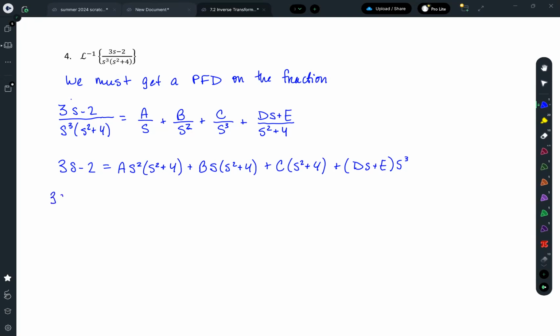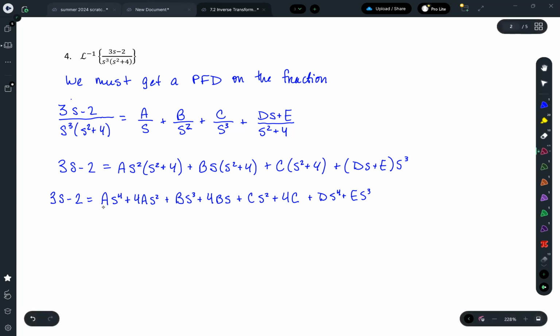So 3s minus 2 is equal to as to the fourth plus 4as squared plus bs cubed plus 4bs plus cs squared plus 4c plus ds to the fourth plus es cubed.